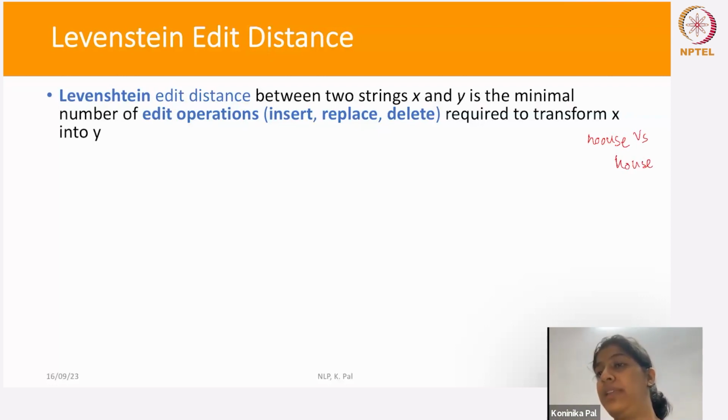Here, one thing is that I just delete this O and I can transform this word to this. Or what I can do, from this, I change this to U. U is changed to S. S is changed to E. And finally, this is deleted.